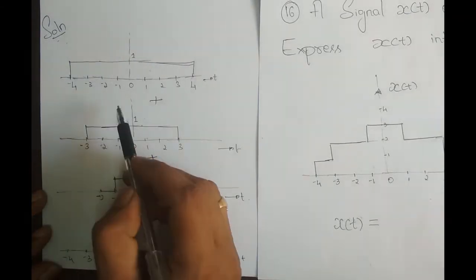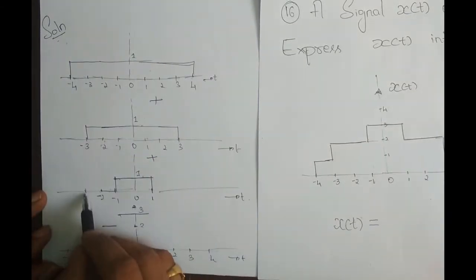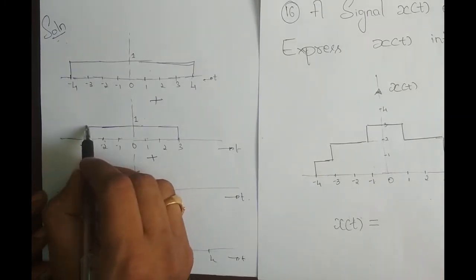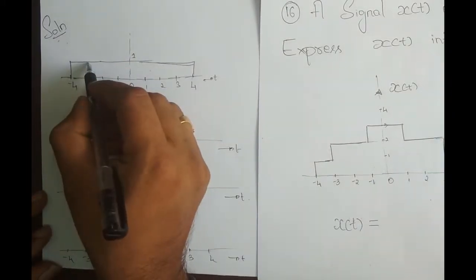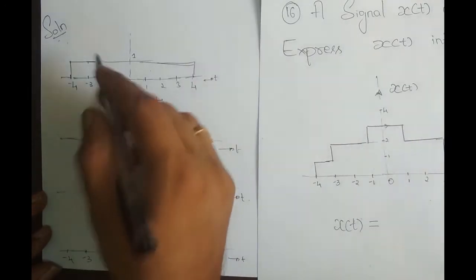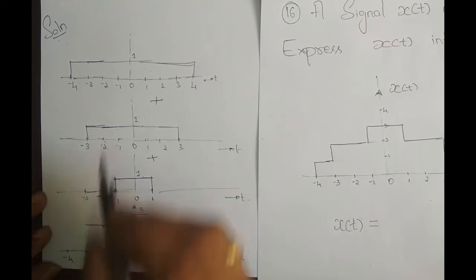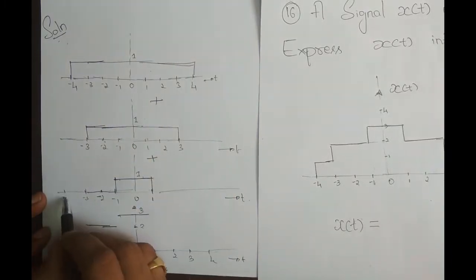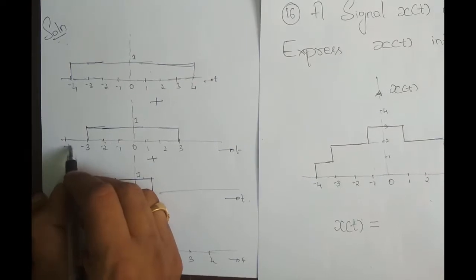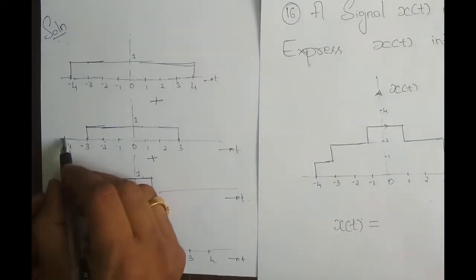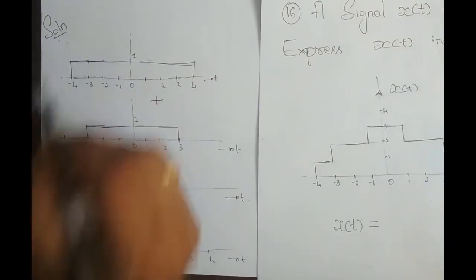Right. So this is for t varying from -2 to -1. From -3 to -2, what is the amplitude of the first signal? It is 0. Plus the second signal is 1, plus the third signal is 1. So 0 plus 1 plus 1 is 2. For t varying from -4 to -3, the first signal is 0, the second signal is 0, the third signal is 1.